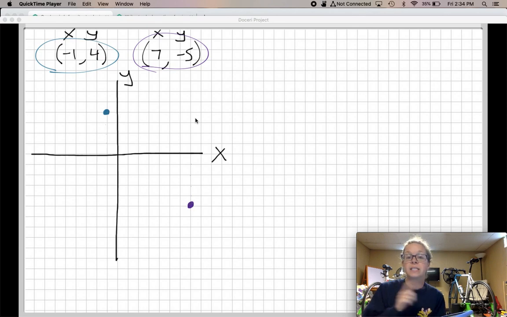Okay. This is actually the second way the problem could be given to you, is they could just give you the picture of the 2 points instead of giving you the numbers of the points. So 3 different kinds of problems on this assignment about distance. One way, they might just give you the number points. Okay? One way, they might give you the picture of the points, the graph.